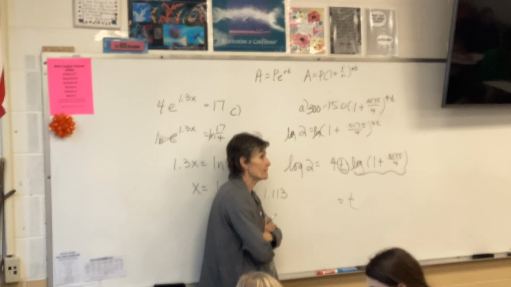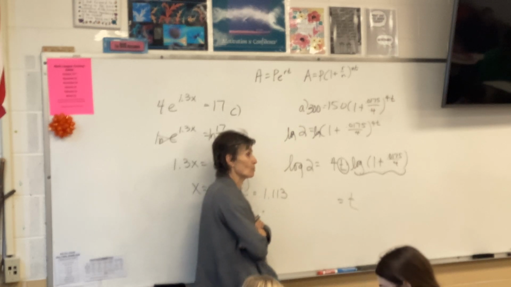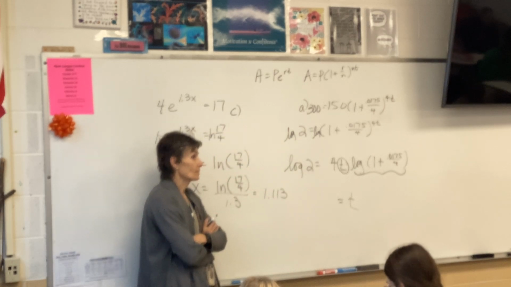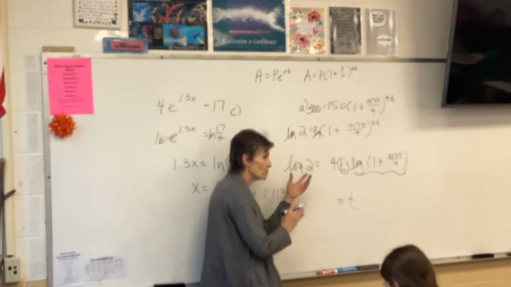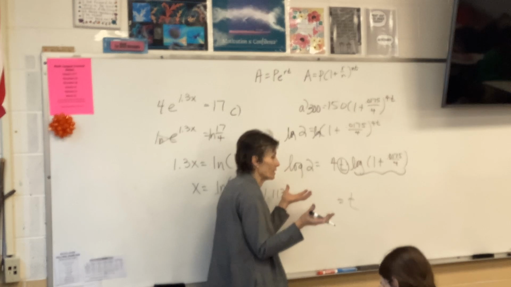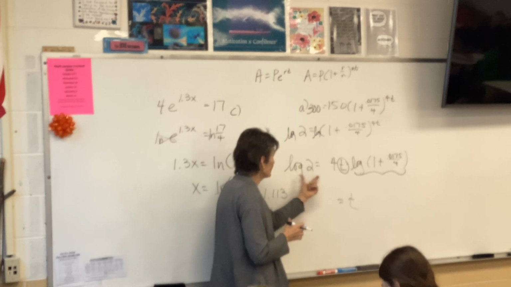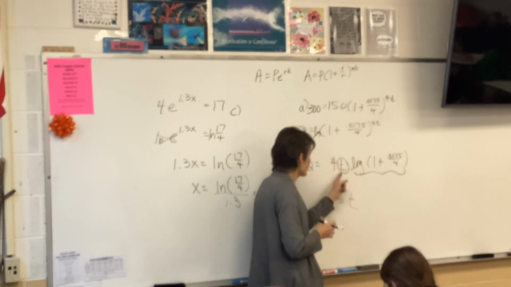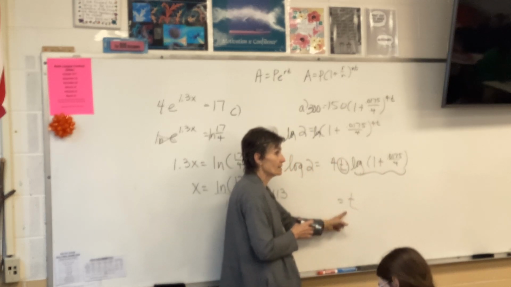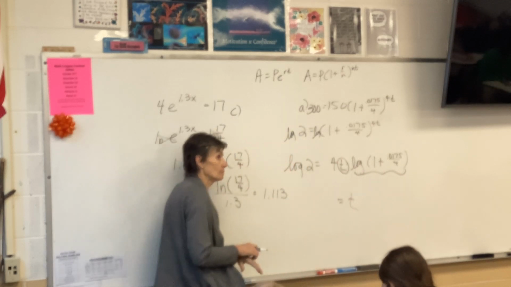That's it, 39 point something. 39.695. Okay, so what we did, Jarius, was exactly what you would do when you solve any kind of equation. We took this number, we divided it by this, and then we divided it by this, so that all that was left was t, and that was our rule.